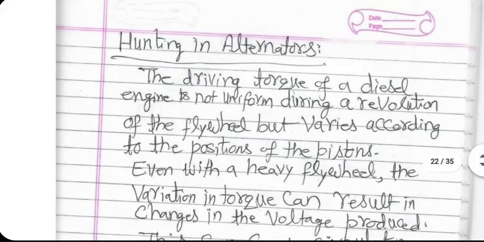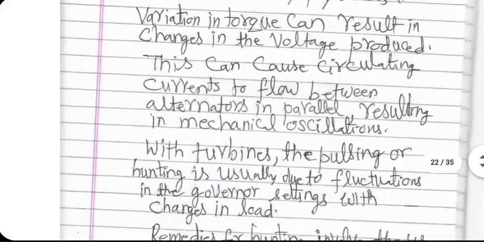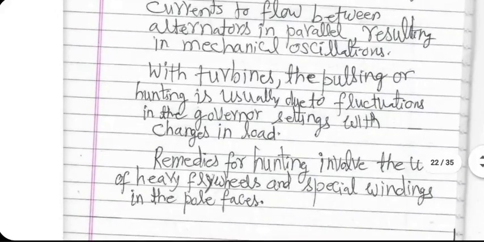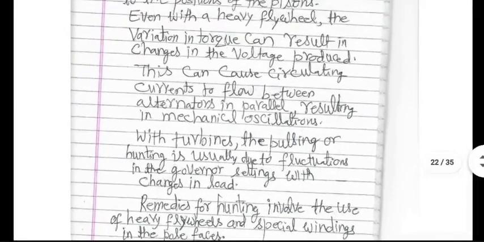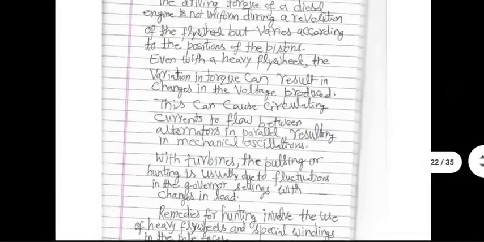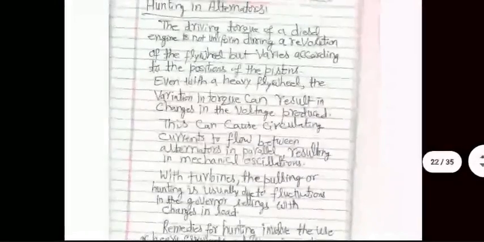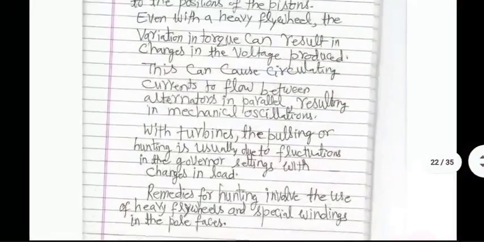This is why it is called hunting. Machine is hunting for a steady state all the time. It's a very serious issue. I don't think we'll be dealing with it in a lot of detail, but at least be aware of this word hunting. System is unable to get to a steady state stable condition all the time.